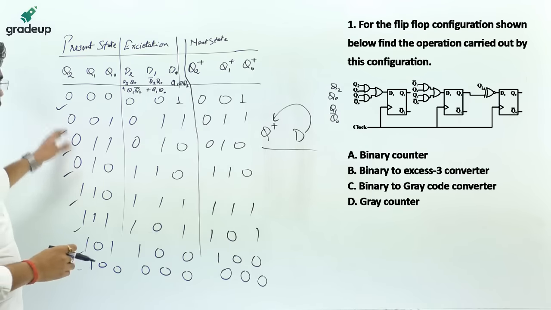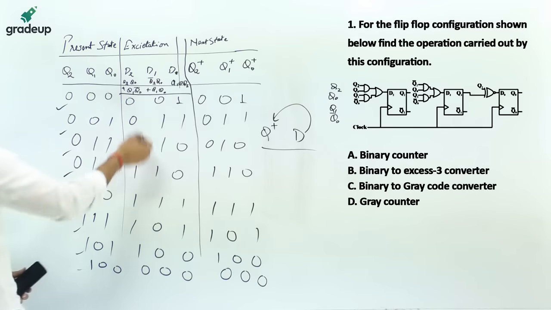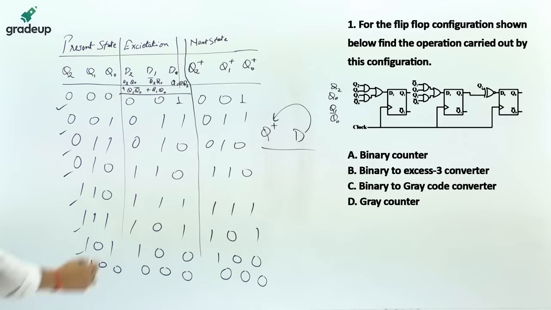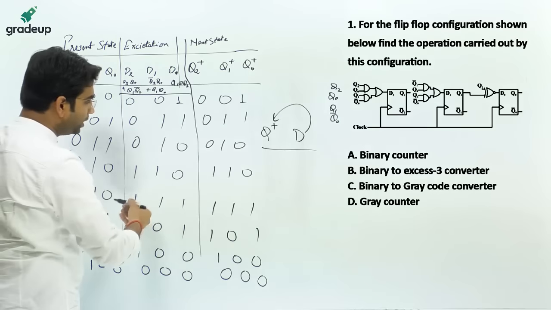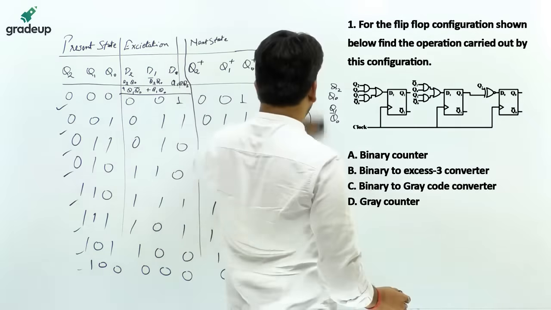After getting the excitation, solve it, means put the values and get this table. This is the table which you are going to get.